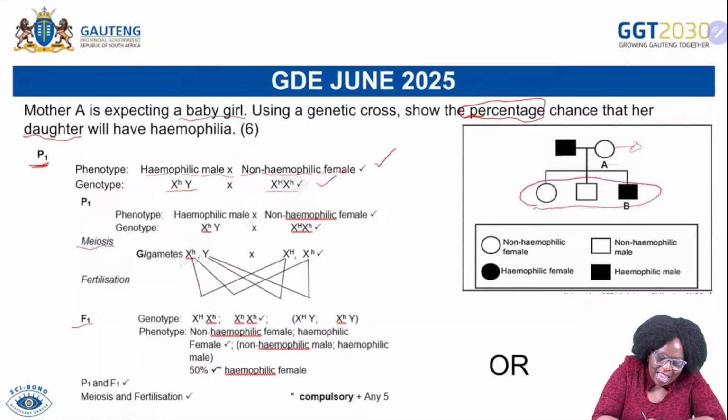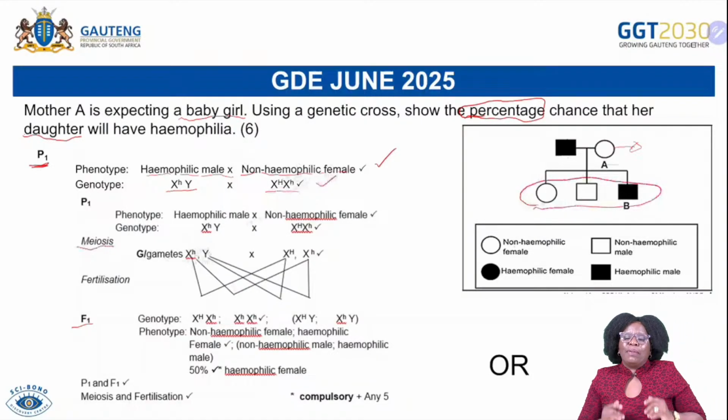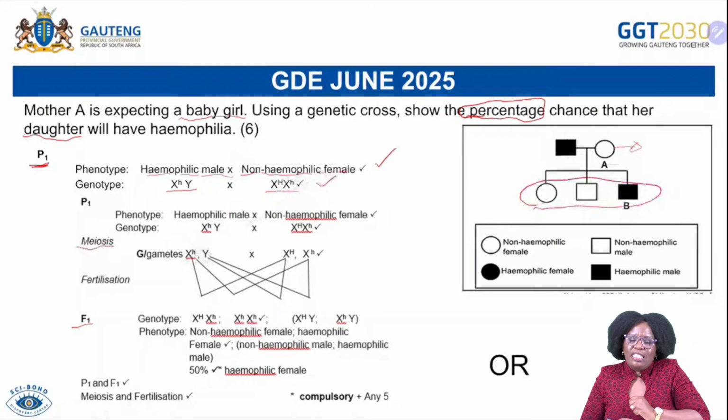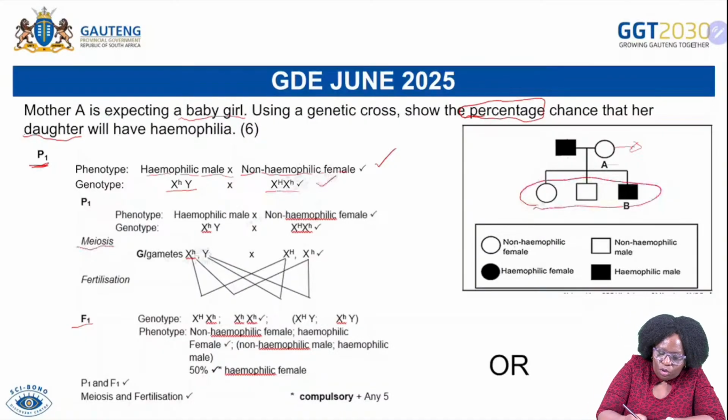You see there's X small h, comma, and a Y. There's also a small gap in between. These are technicalities of genetic crosses. These are the things that you need to keep an eye on, because once you forget, for example, to put a comma, or you forget to create that space, it's no longer gametes, and then you lose your mark for gametes. So we've got X small h, comma, and a Y, and then X capital H, comma, and X small h. And then there we go.